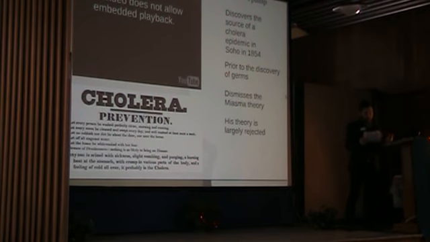His theory was dismissed, in part because it did not completely invalidate the miasma theory, as people believed that water was just another vessel for the miasma. But also because Snow himself couldn't explain where the contamination came from.